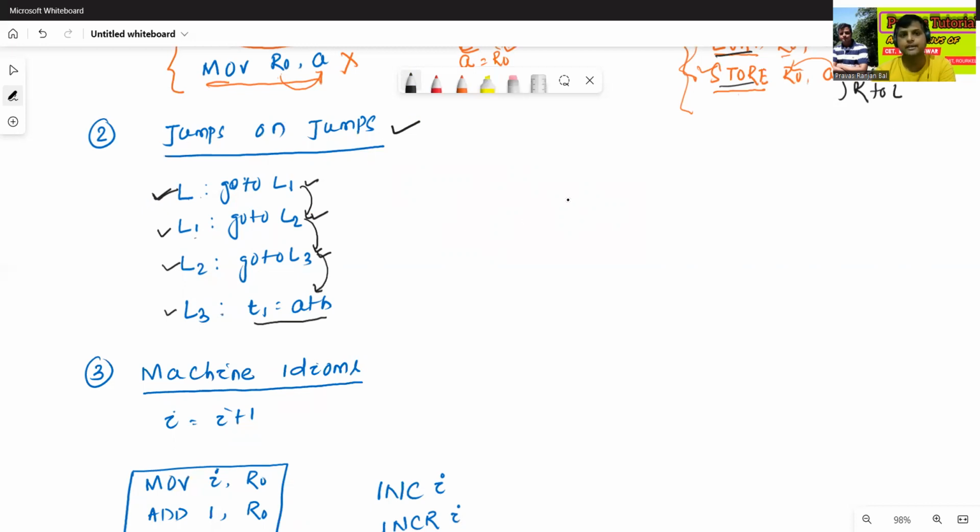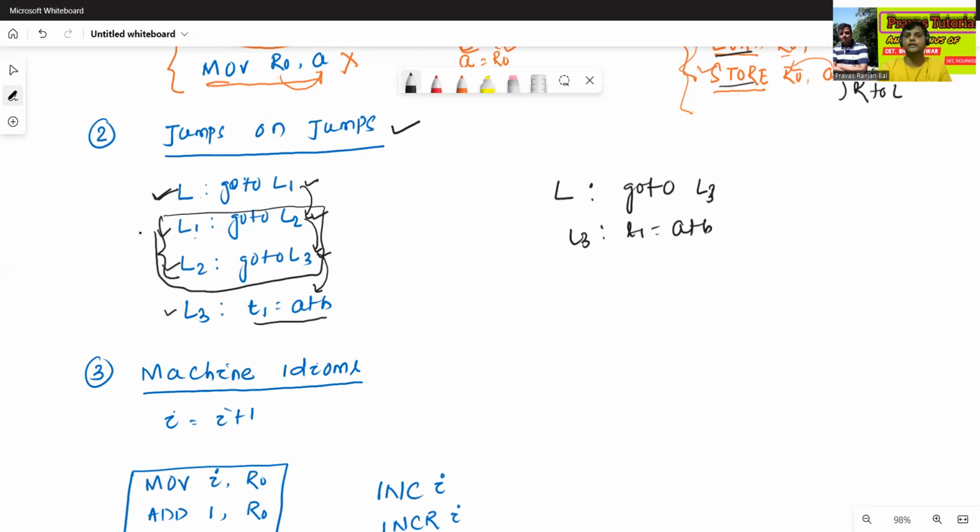So directly we can write go to L3 at L1, and L3 is T1 equals A plus B. We can write simply, meaning we can eliminate these two labels, L1 and L2, because there is no need to write them.